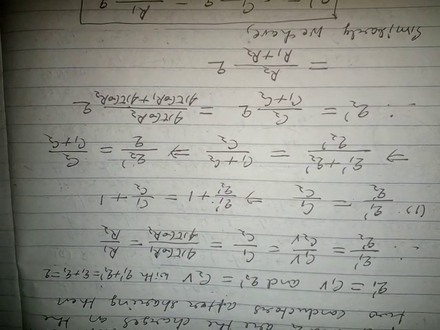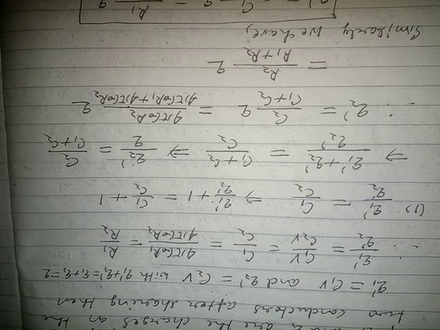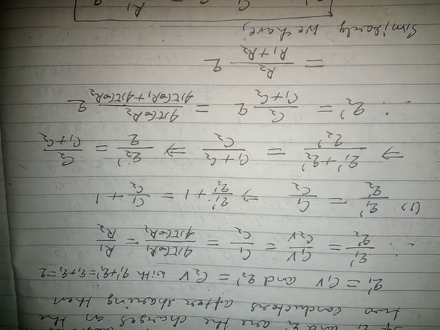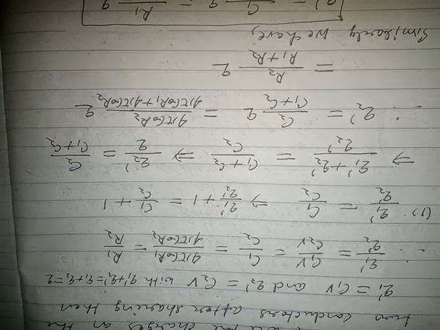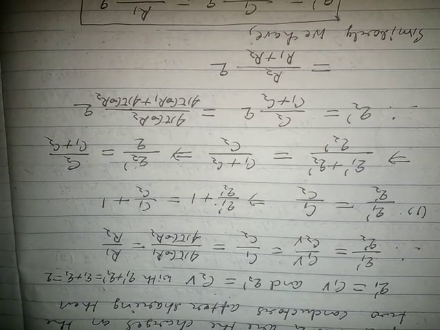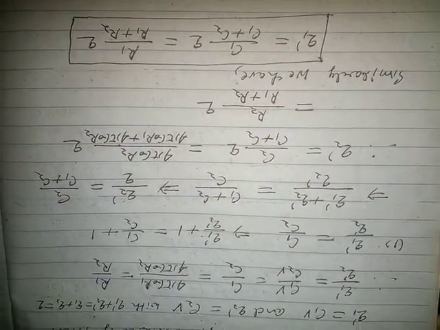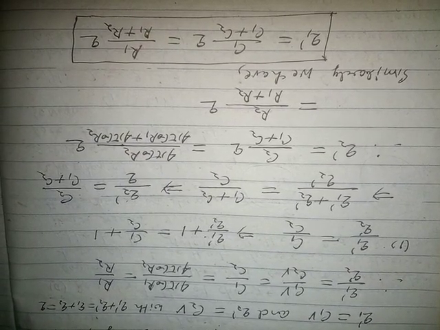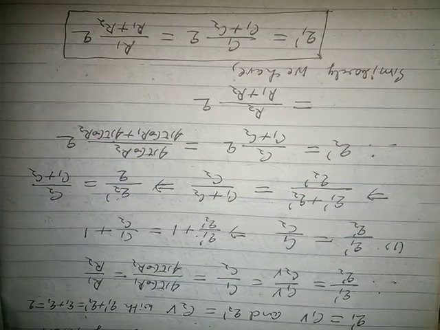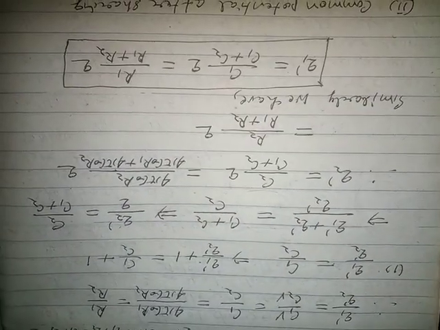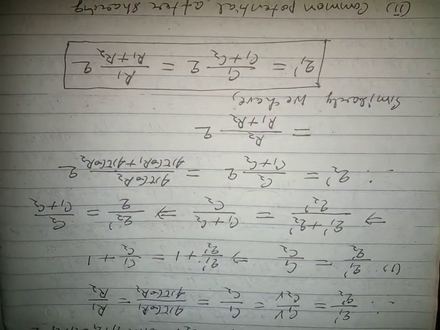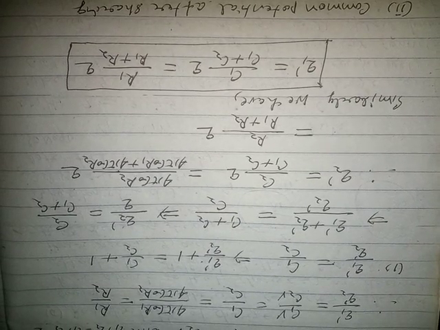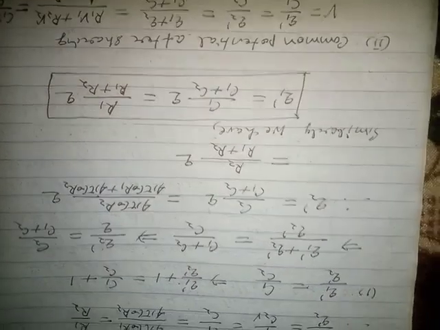Hence Q2 dash equals C2 by C1 plus C2 into Q equals 4 pi epsilon naught R2 by 4 pi epsilon naught R1 plus 4 pi epsilon naught R2 into Q. This implies Q2 dash equals R2 by R1 plus R2 into Q. Similarly, we can calculate Q1 dash equals C1 by C1 plus C2 into Q equals R1 by R1 plus R2 into Q.